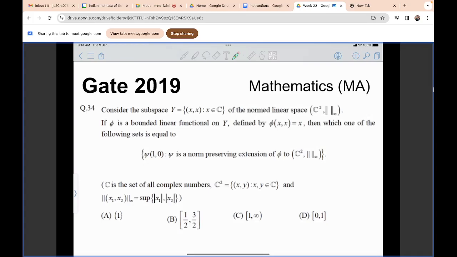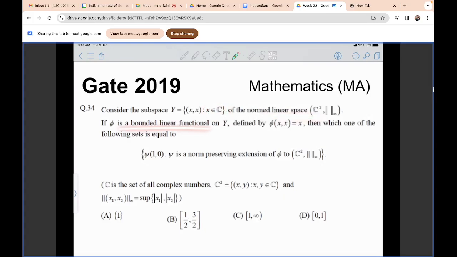Okay. So today we'll solve a GATE 2019 question. This is a question from functional analysis, question number 34. Consider the subspace Y, the set of (x, x) where x belongs to the complex numbers, of the normed linear space C2 with norm infinity.